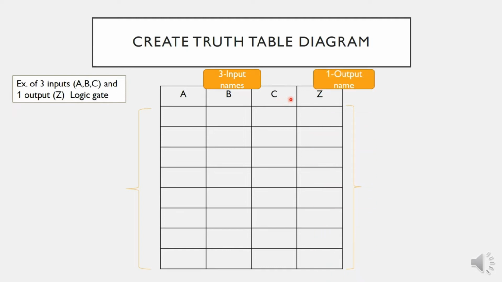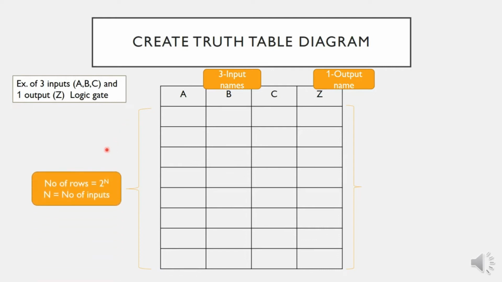Then in the last column on the right, we write down the output name, which in this example is Z.